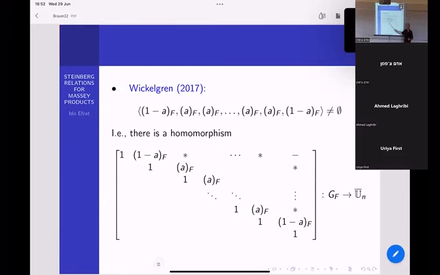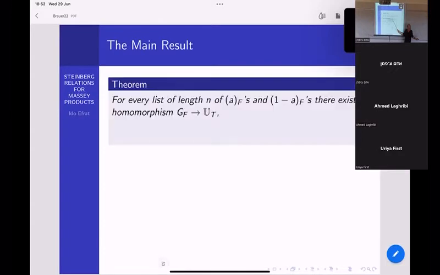Okay, what happens if we take general Kummer elements of A and 1 minus A? So this is the main result of the talk. Theorem. For every list of length n of Kummer elements of A and 1 minus A, so any multiplicity, there is a continuous homomorphism from the absolute Galois group to U_T with this list on the super diagonal.